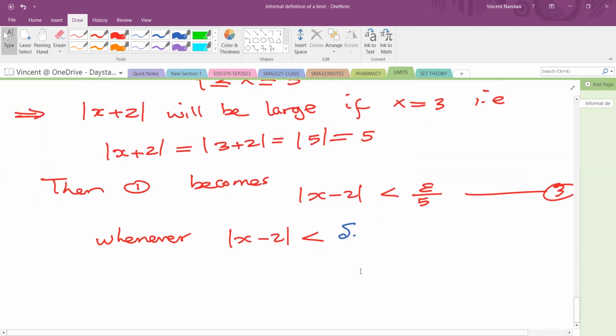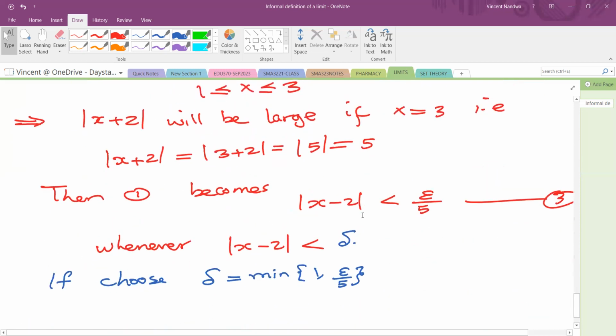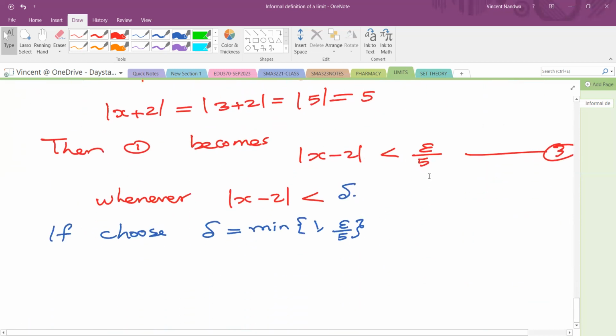So then this means if we choose delta to be a minimum of these two values, one which we assumed that gave us the bounds on the expression x plus 2, which was delta equals to 1, and this expression now we are getting after replacing the value of x that gives the bounds of the fraction in 1, then we are done.